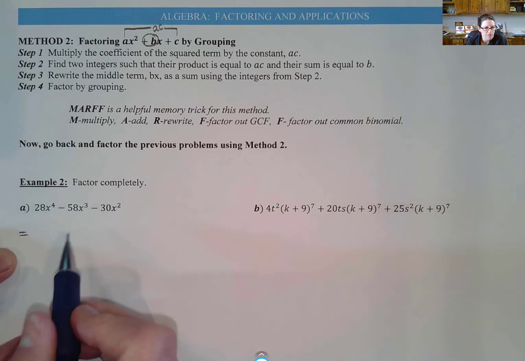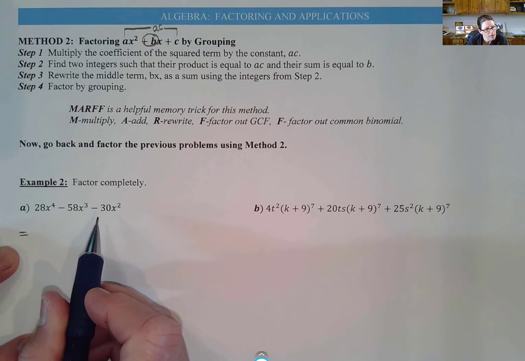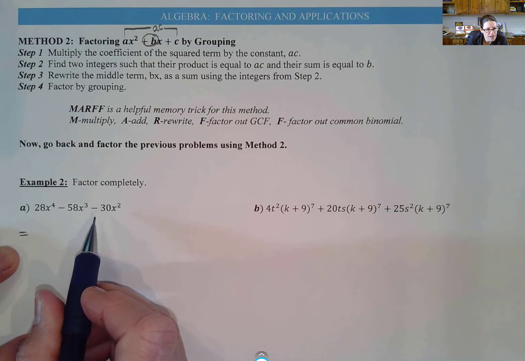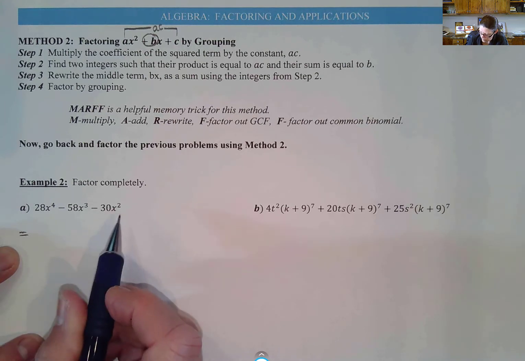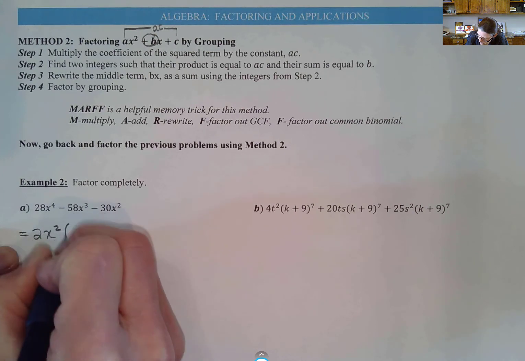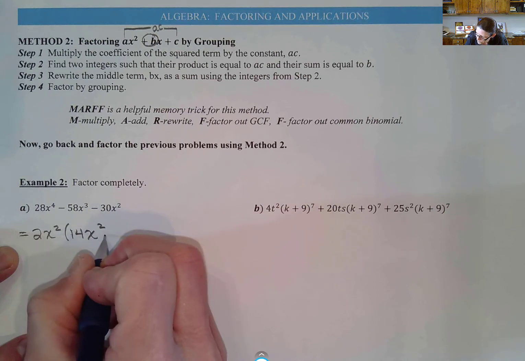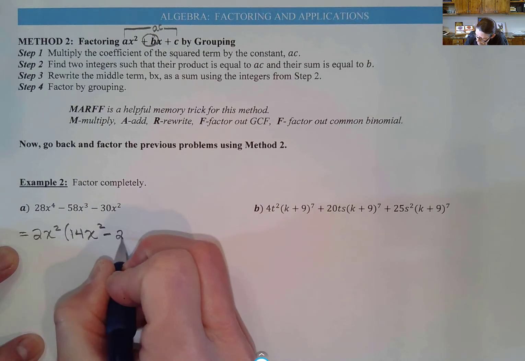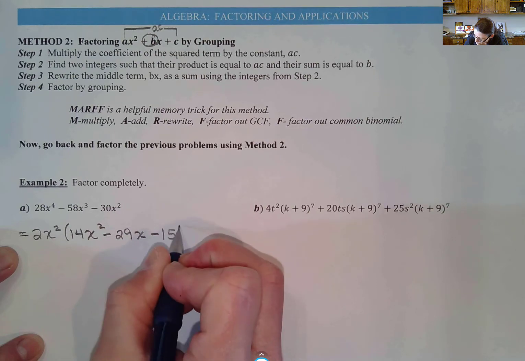So let's factor out 2x squared times 14x squared minus 29x minus 15. Now when you continue your factorization, no matter what method you use, don't let that greatest common factor disappear, okay? It is indeed part of the factorization.